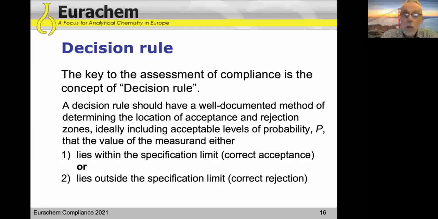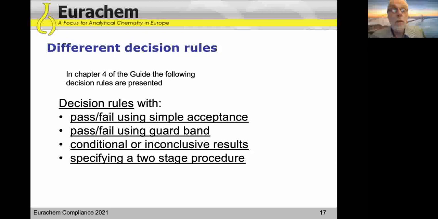It should have a well-documented method of determining the acceptance and rejection zones, for example, with the guard band. But in many cases, we can have different decision rules. We can have pass-fail, as we talked about with simple acceptance. We can use a guard band. We can also have decision rules stating that you can have pass-fail, or, if you are close to the limit, inconclusive results.